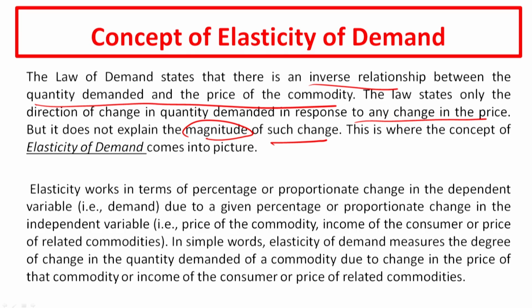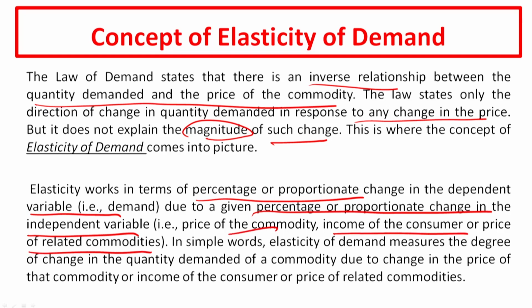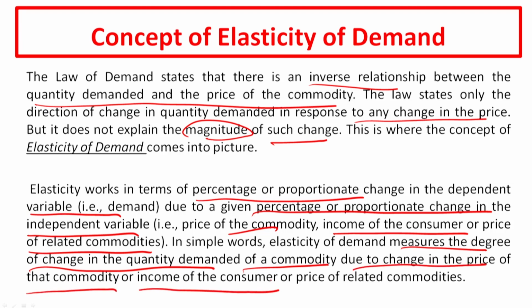The elasticity works in terms of percentage or proportionate change in the dependent variable, that is demand, due to a given percentage or proportionate change in the independent variable, which might be price of the commodity, income of the consumer, or price of related goods. In simple words, elasticity of demand measures the degree of change in the quantity demanded of a commodity due to the change in the price of that commodity or income of the consumer or price of the related goods.